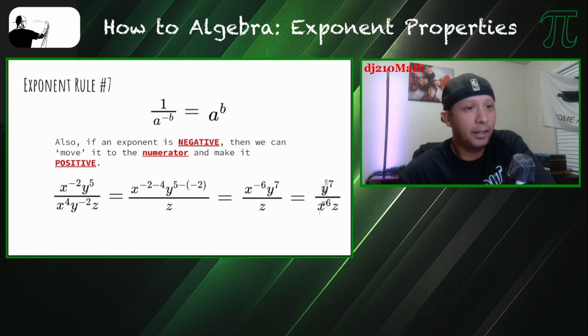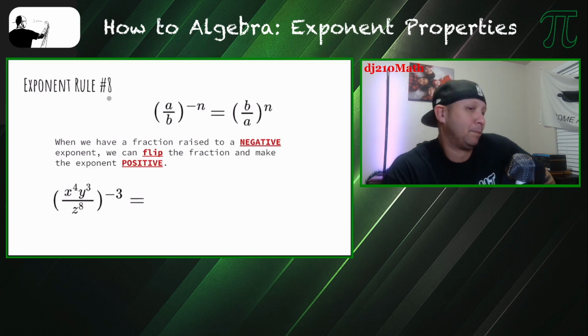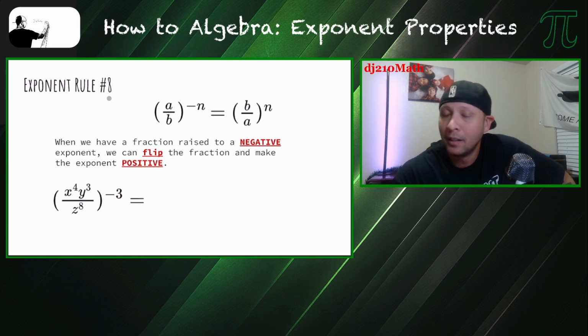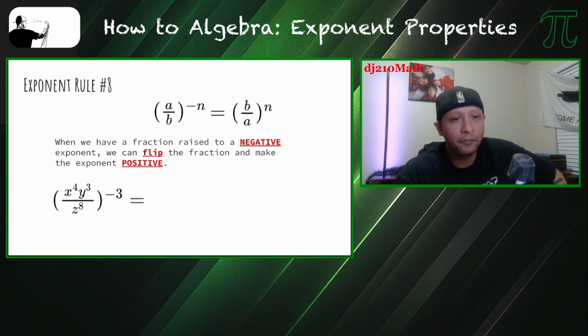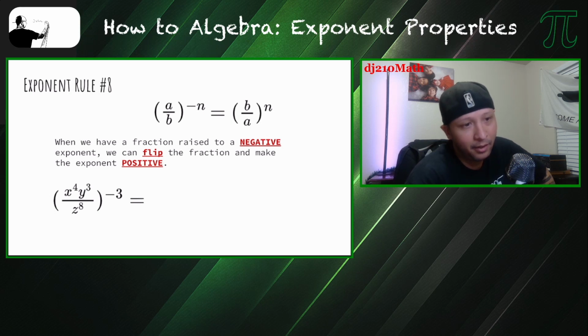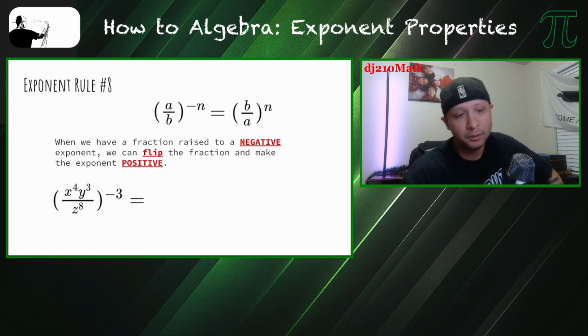All right. The last rule, I feel like this went very quickly, but sometimes it'll be that way. So the last rule is when we have a fraction that's raised to a negative exponent. The idea here is that we flip the fraction and make the exponent positive, and then apply whatever rules are appropriate.